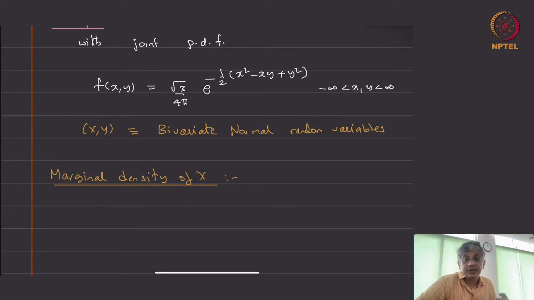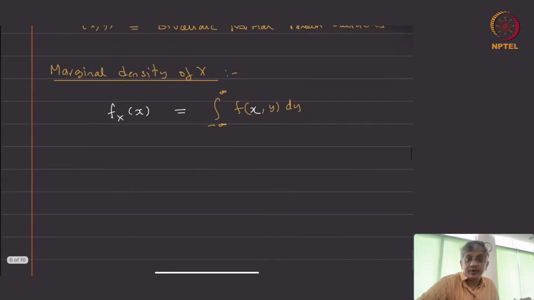That's just going to be the integral of the joint density over all possible values of y. So f sub X at the point x is going to be the integral from minus infinity to infinity of f, where I integrate out y completely. This is what the marginal is going to be.